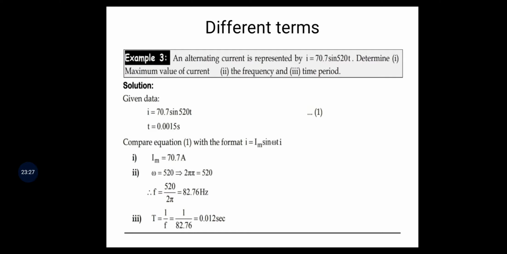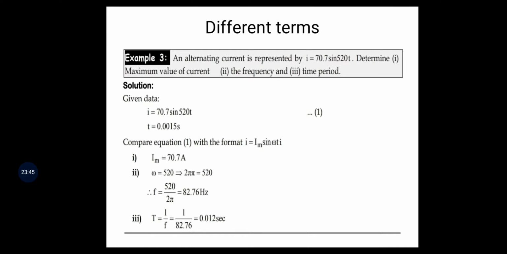Next, omega equal to 2 pi f, that means 520. Here f is equal to 520 by 2 pi, which is equivalent to 82.76 Hz.